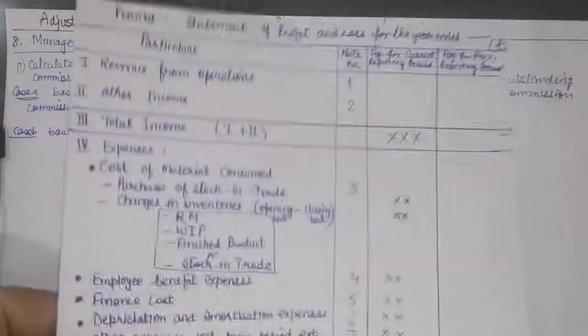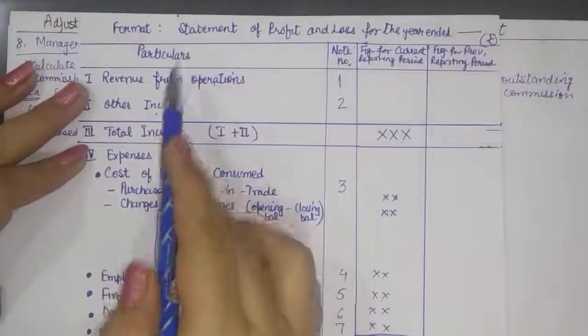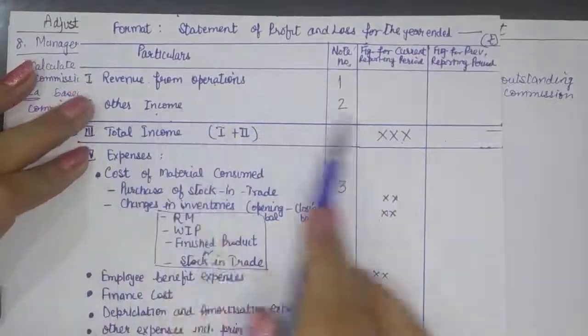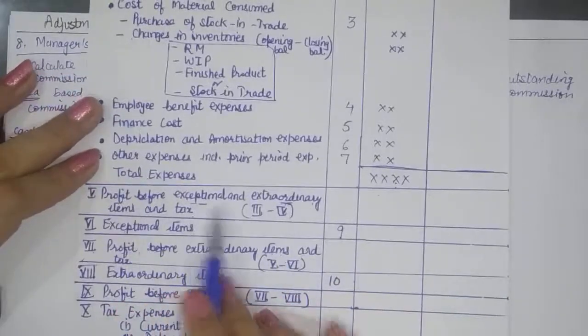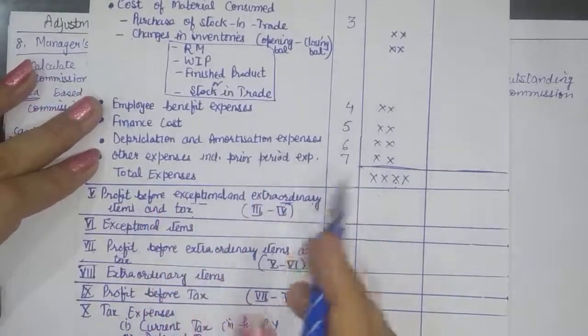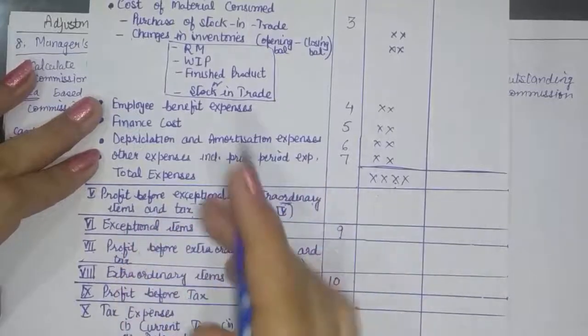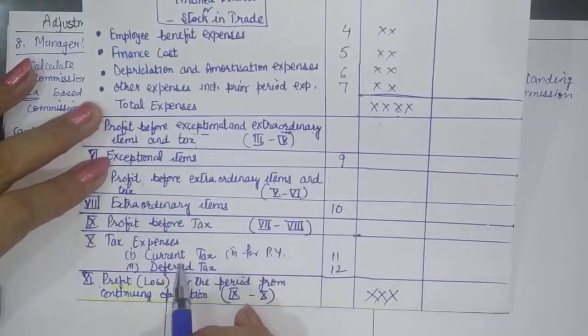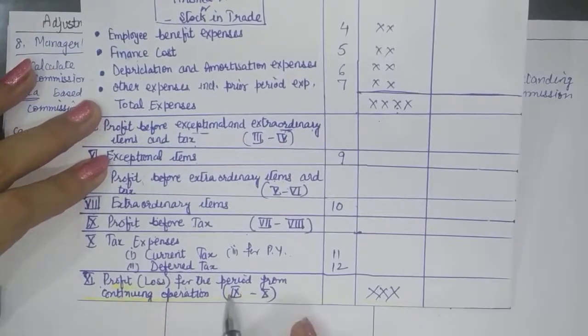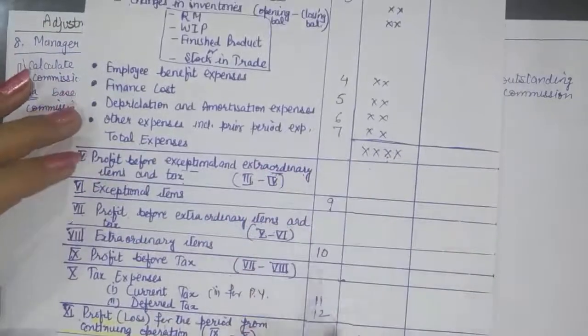Now when we look at our statement of profit and loss, we take up the revenue, other income, we get total income. Now when you deduct all expenses, you get profit before exceptional and extraordinary items. For the time being, if we just leave these things, because profit will come here, then profit before tax, then you calculate tax, and then you have profit after tax. Right? So these are certain stages.